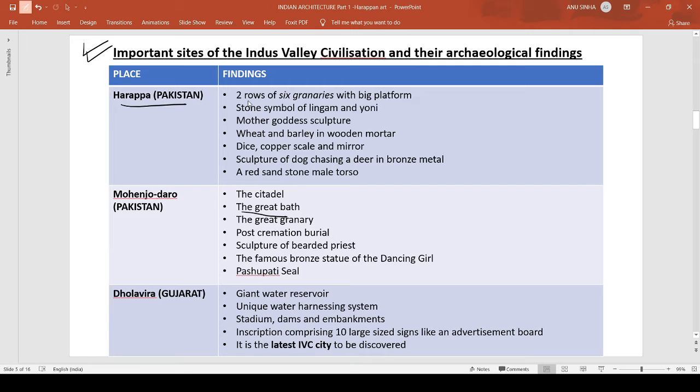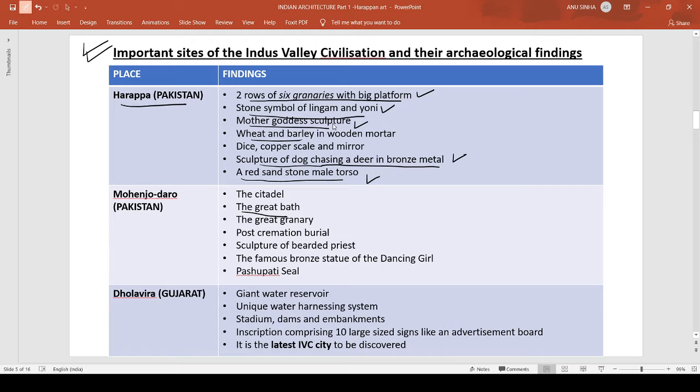So यहाँ पे हमें जो मिला है वो है 2 rows of 6 granaries with a big platform, stone symbol of lingam and yoni, mother goddess sculptures, wheat and barley in a wooden mortar, dice, copper, scale and mirror, a sculpture of deer, a dog chasing a deer in a bronze metal, a red sandstone male torso. सो ये सारी चीज़ें हमें हड़प्पा से मिली। इसमें सबसे इम्पॉर्टेंट है अ रेड सैंडस्टोन विद मेल टॉर्सो, स्कल्पचर ऑफ डॉग चेजिंग अ डियर इन अ मेटल स्टोन, ये मदर गॉडेस स्कल्पचर हमें मिला, स्टोन सिंबल ऑफ लिंगम एंड योनि, 2 rows of 6 granaries and big platform.